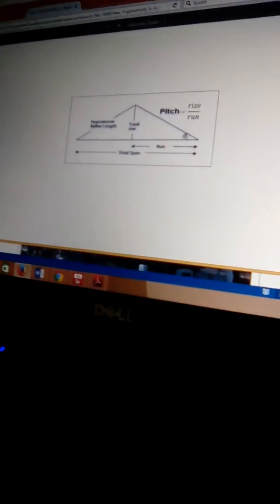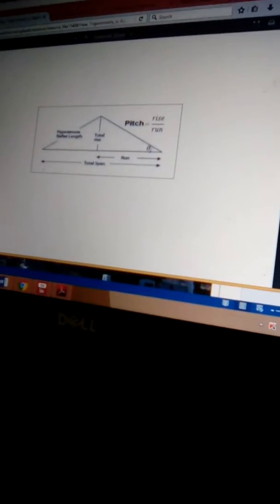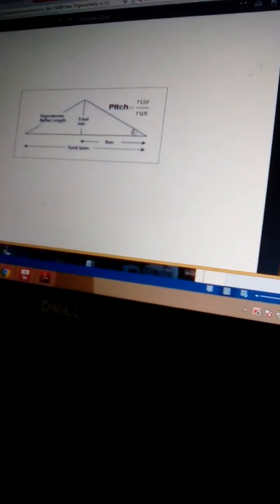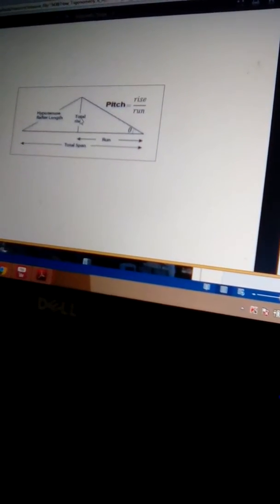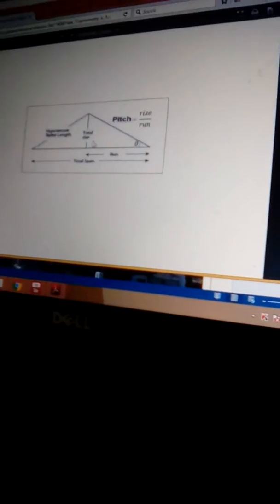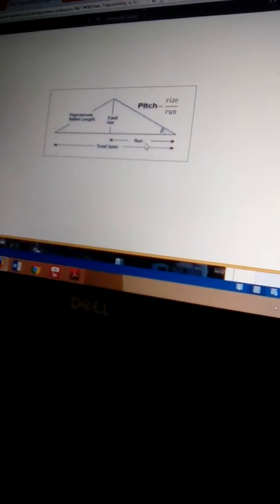So if you consider this angle here, the rise will be opposite to this angle, and the run will be adjacent to this angle. The opposite and adjacent give the tangent ratio.